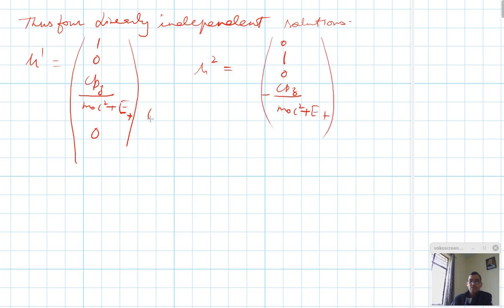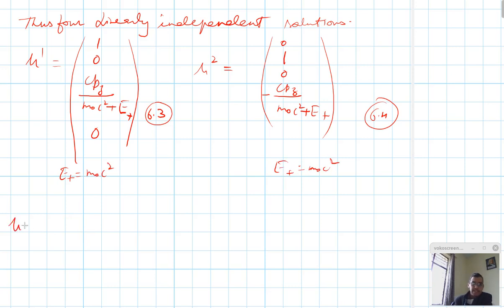So this is from 6.3, this is from equation 6.4, and here we have chosen that E plus is m naught c square.